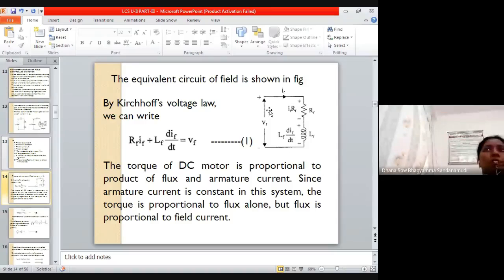The applied voltage across the field winding is VF. Applying Kirchhoff's voltage law, we can write a differential equation for this circuit. The voltage drops are equal to the applied voltage.